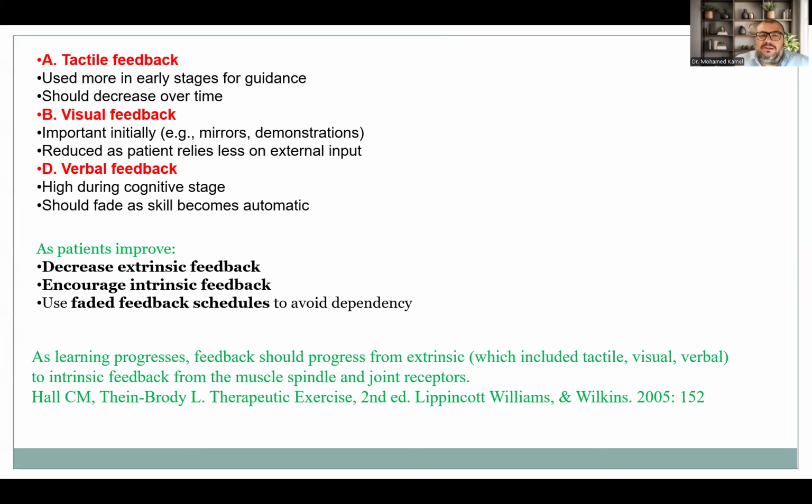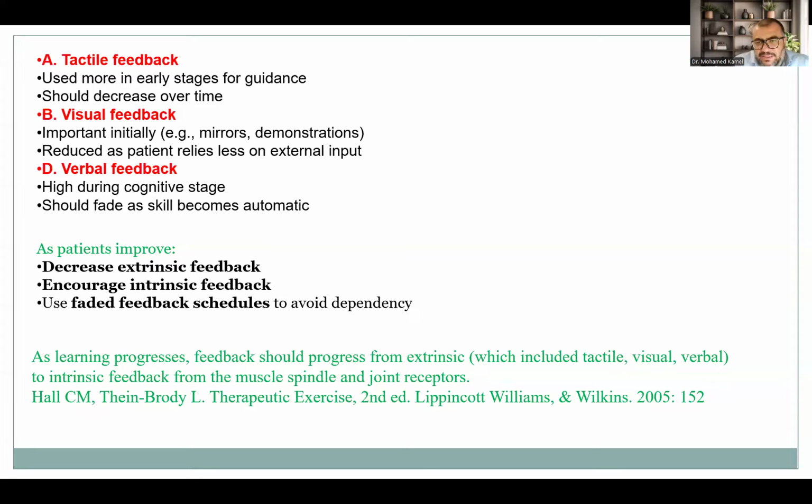Visual feedback. It is also important initially. Mirrors, demonstrations will be reduced, and the patient will rely less on external feedback. Verbal feedback, and this is high during the cognitive stage.